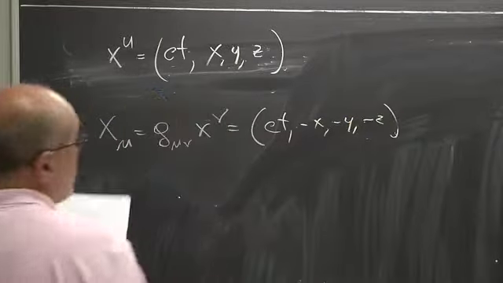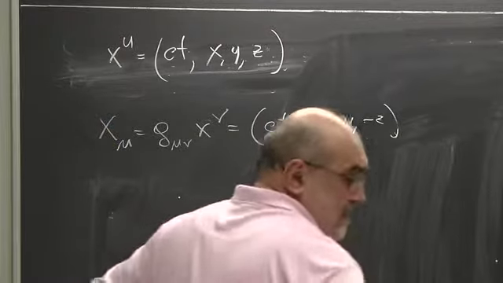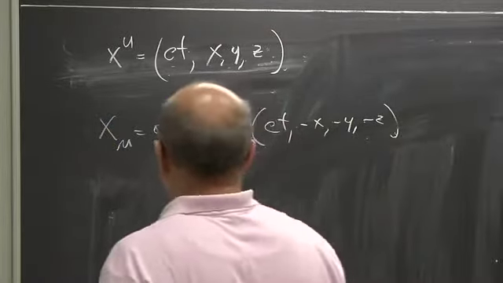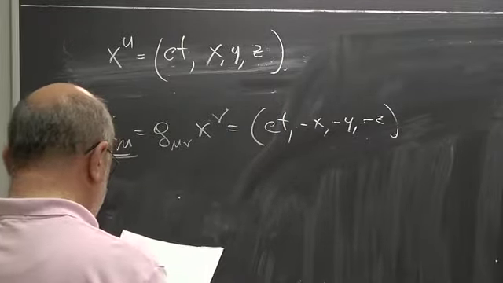So the usual vector that we have used often is the one with the index down, or the covariant one.